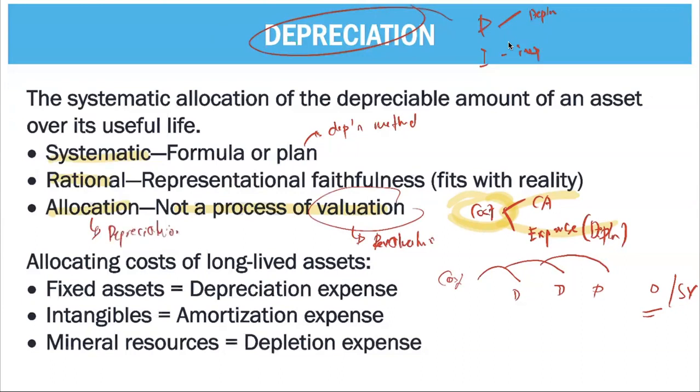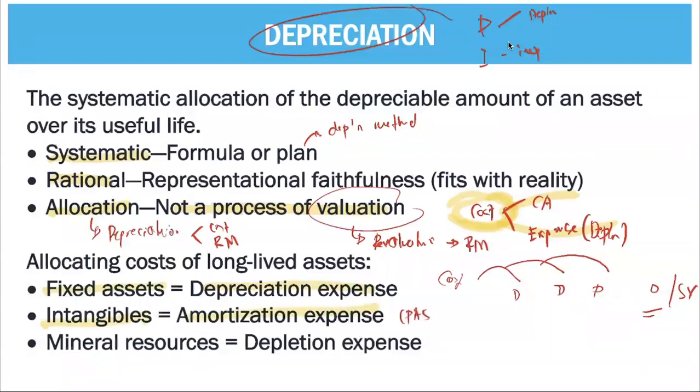When do we apply your depreciation? Your depreciation is applied whether cost model or revaluation model, but revaluation is applied only in your revaluation model. So how do we allocate the cost of your long-lived assets? For your fixed assets such as your PPE, we call it depreciation expense. For intangibles, we call it amortization expense.